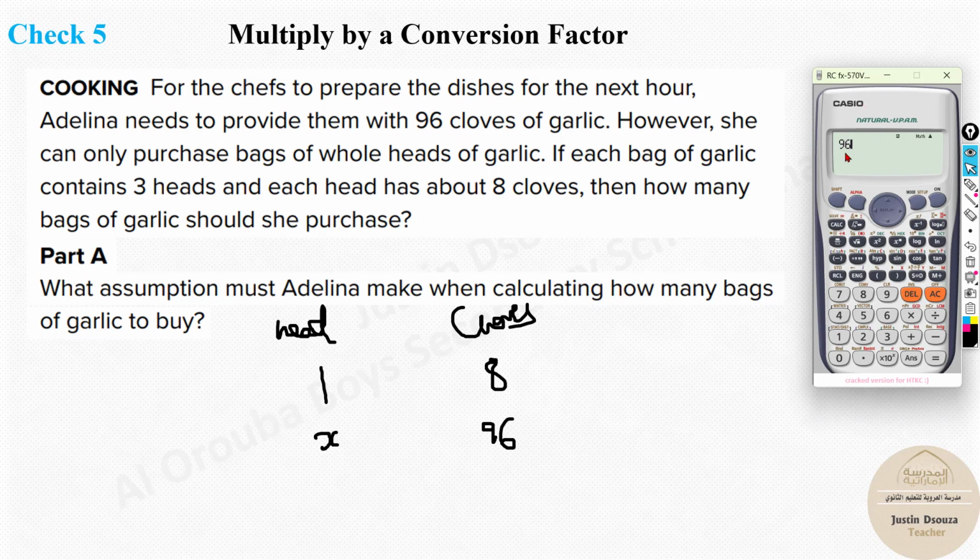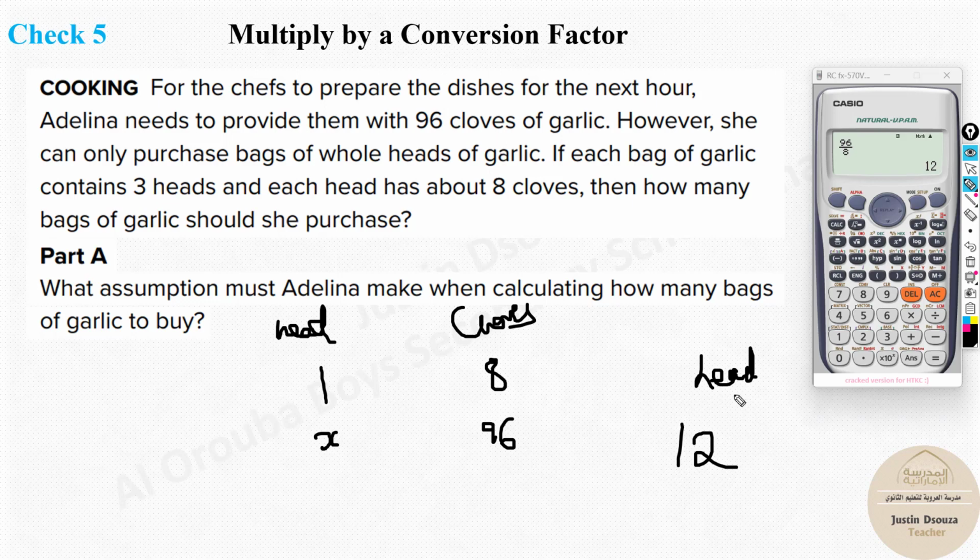All you need to understand is that heads will be a smaller number. Cloves is bigger, heads will be smaller, so we divide to get a smaller number. Divided by 8, you will have 12. So 12 heads is what she requires to get 96 cloves.